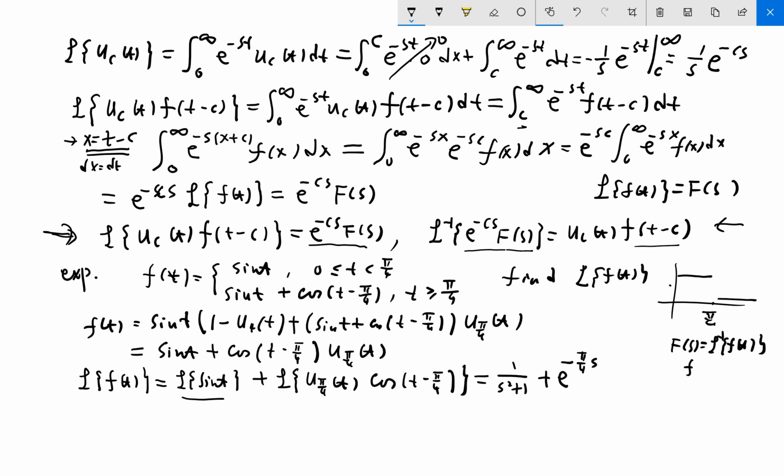Your f(t) here is cosine t, and f(t minus pi over 4) is cosine of (t minus pi over 4).